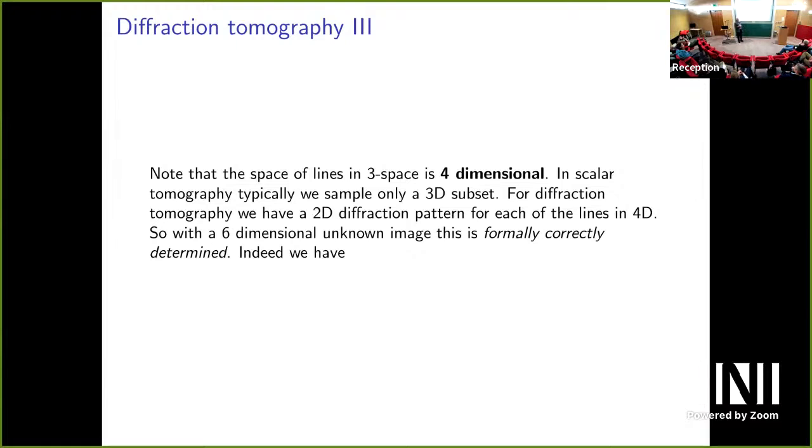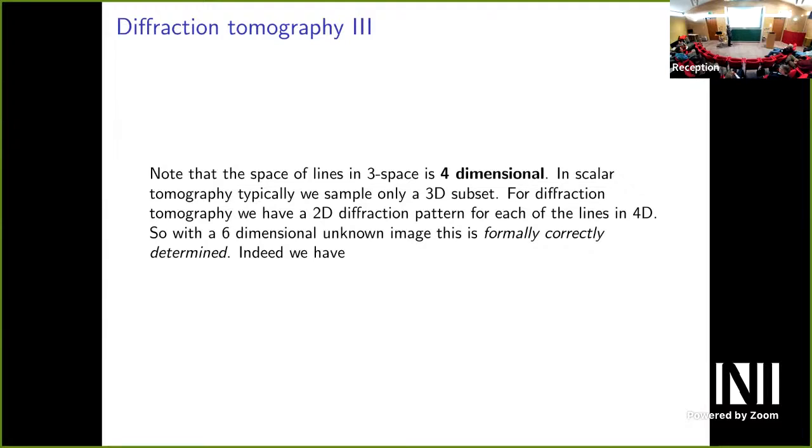In practice, typically one collects some 3-dimensional subspace, a manifold I guess, of directions, which could be helical, cone beam tomography, or various other geometries. But in any case, it will typically depend on 3 parameters.